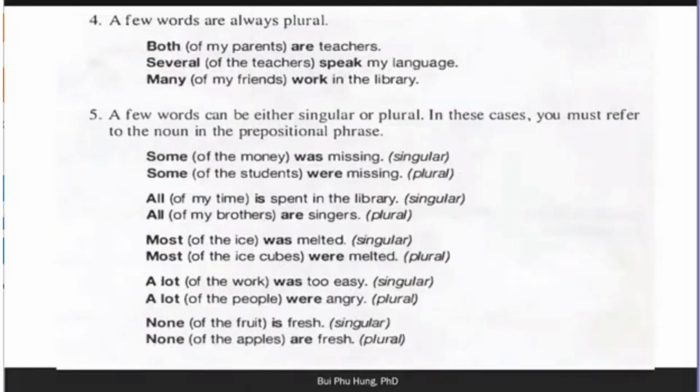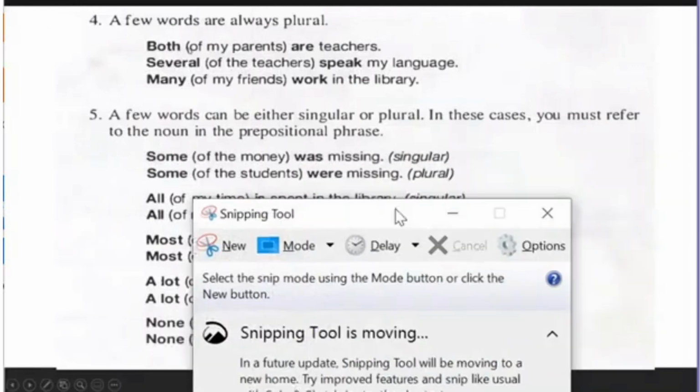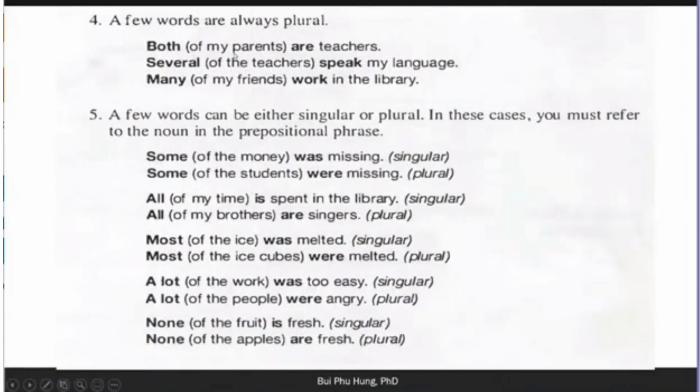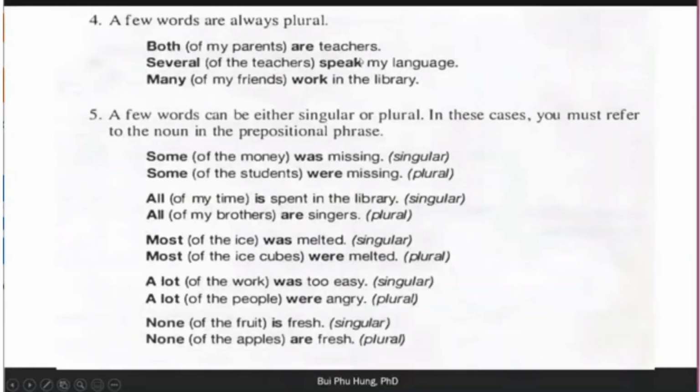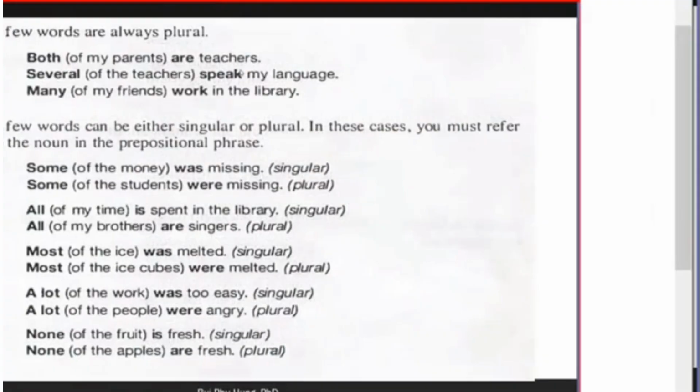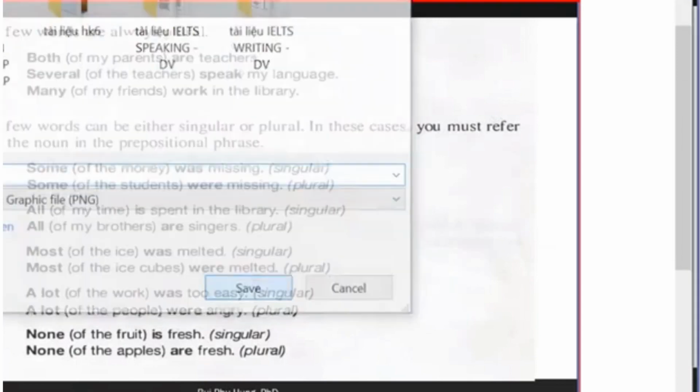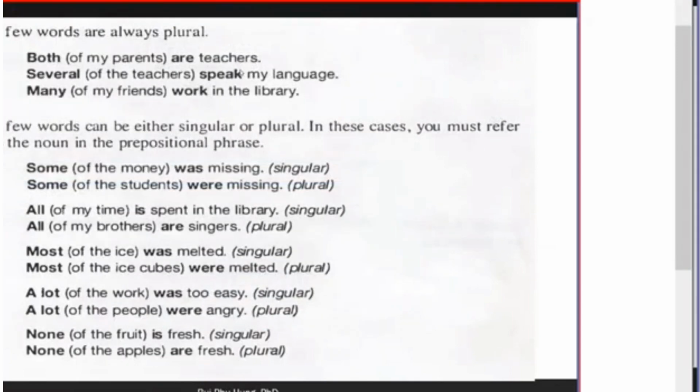A few words are always plural. Both of my parents are teachers. Both means two, plural, are. Several of my teachers speak my language. Several means more than two, speak, plural.